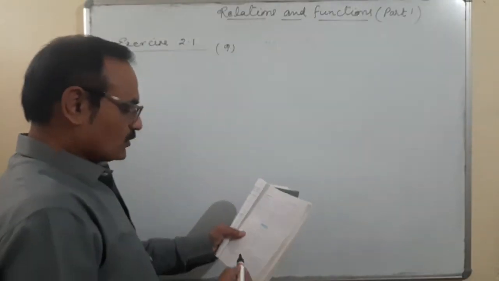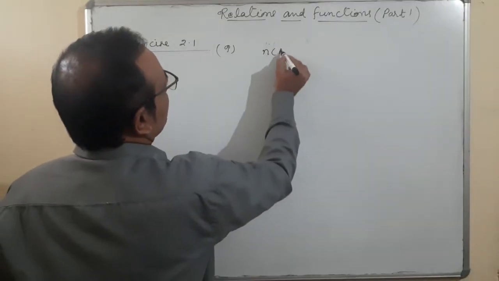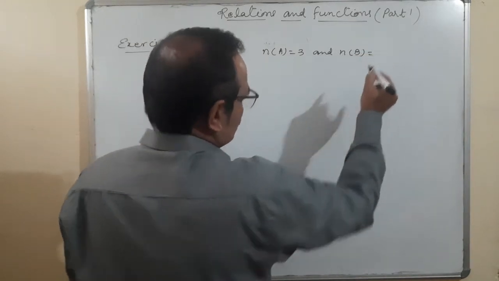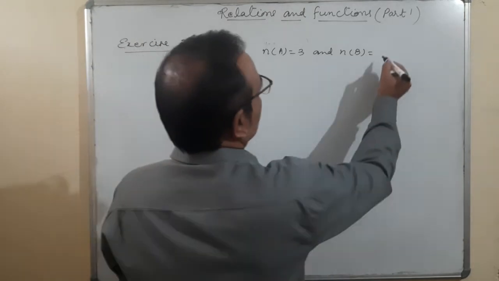Given that A and B are two sets such that n(A) is equal to 3 and n(B) is equal to 2.